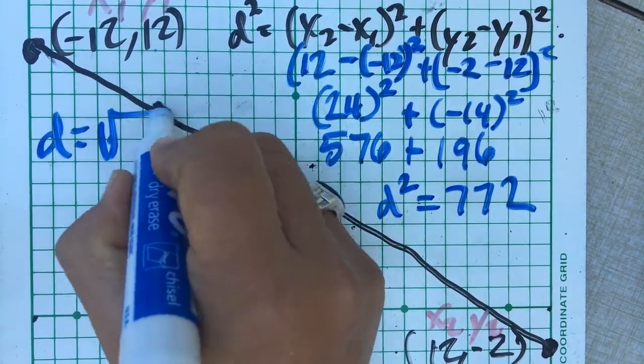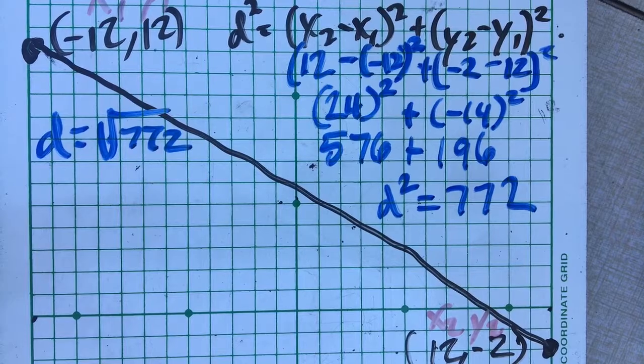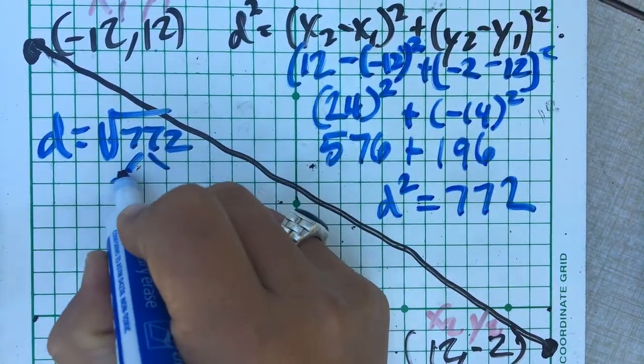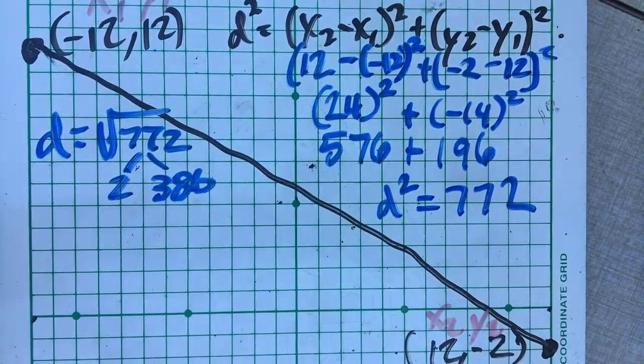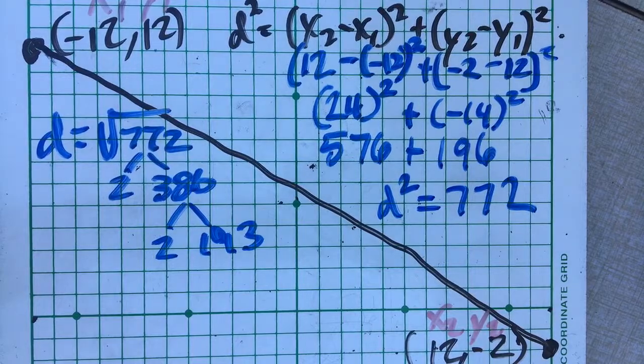I'm going to bring the work over here. D is equal to then the radical of 772. I don't know this number, but all I can do is divide it by 2 to get the basics. So 2, 386, divided by 2 again, I get 193. I don't know if it goes any further than that.